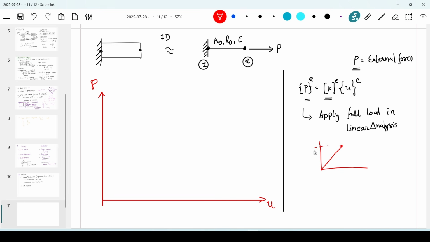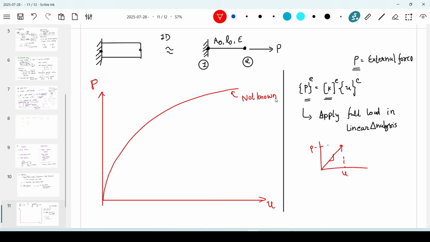We have the applied force P and we know K, and we simply found the displacement U. But in nonlinear analysis, this is not known. Let's say this is the expected nonlinear response. Please note that this is not known.